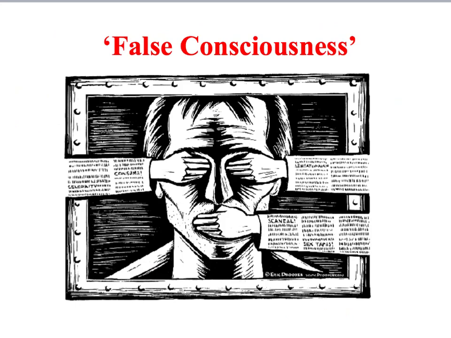And they argue that people either end up not really knowing what's happening in the world, or they end up with a very false and distorted view of society, what Marxists call a state of false consciousness.